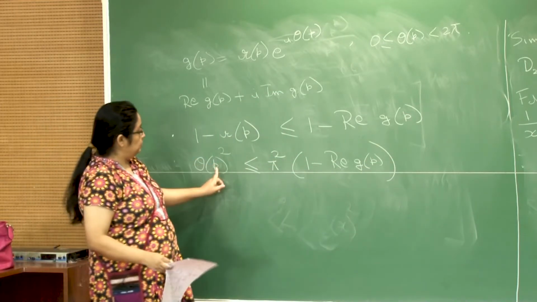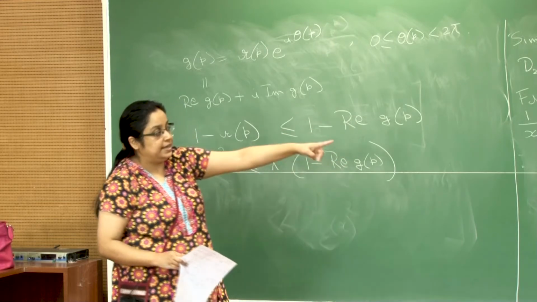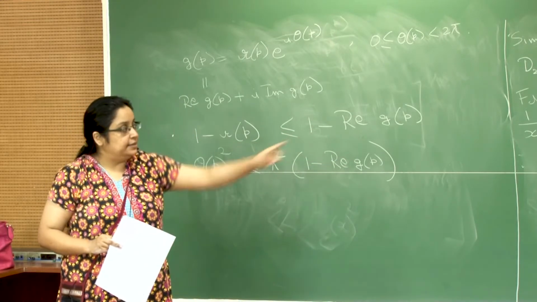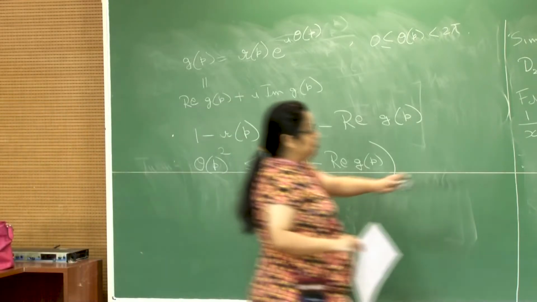So, this is something that we can exploit and put in our inequality, which has theta of p whole square inside the square root. So, what do we have?